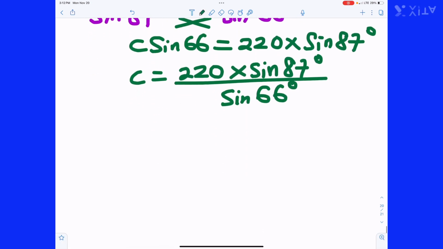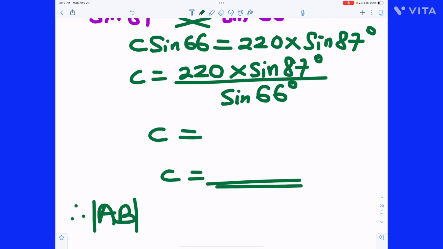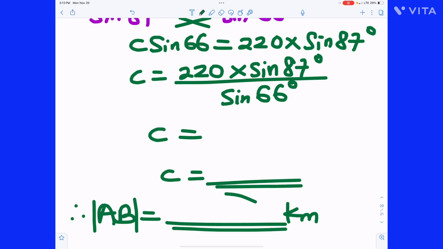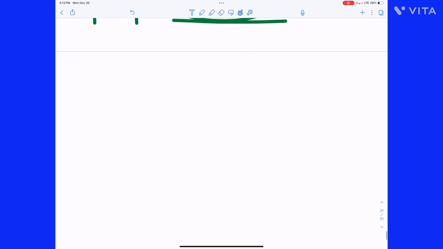Press your calculator to get the distance between A and B. Write, therefore, the distance AB is so many kilometers. You can leave your answer in 2 decimal places. Use your calculator to complete that.